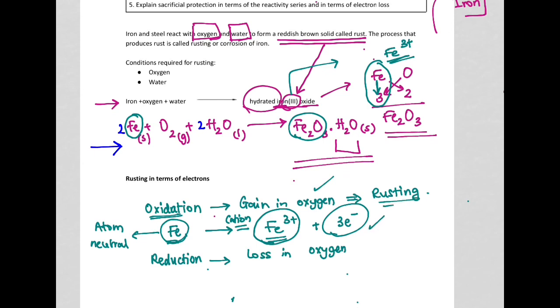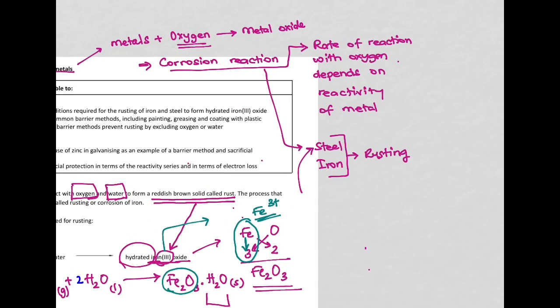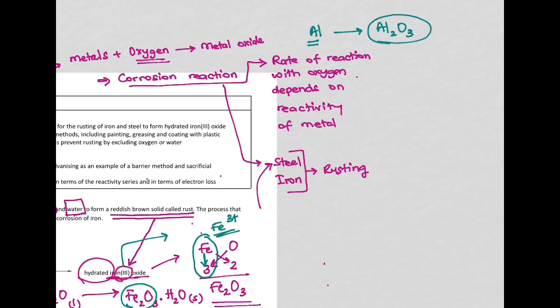So this is rusting. Now for some metals like aluminium, corrosion is useful, because aluminium reacts with oxygen in air to form aluminium oxide. This is useful because the aluminium oxide acts as a protective barrier and prevents aluminium from undergoing further reaction.